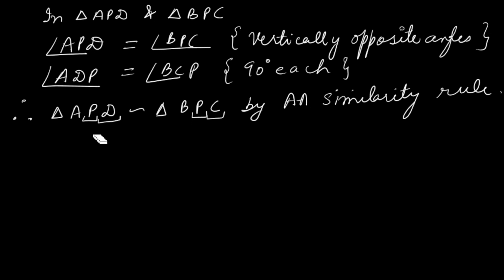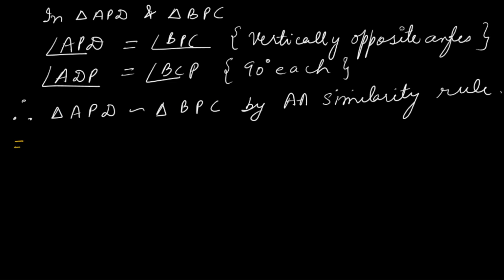So wherever the angles are equal, they should be written at the same places. Like here P and P are equal, and angle D is equal to angle C. So their places should be the same. This way we have to write the name of the triangle. Okay, now they are similar: triangle APD is similar to triangle BPC.